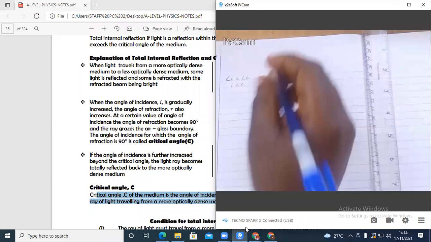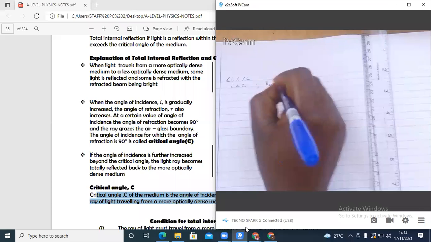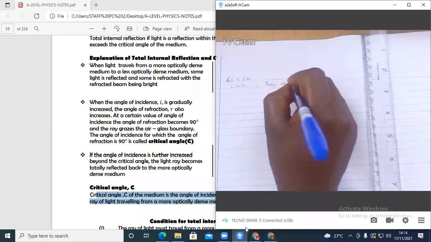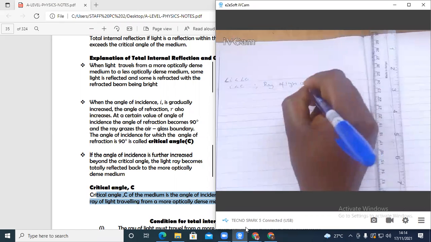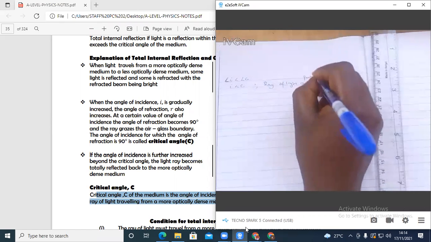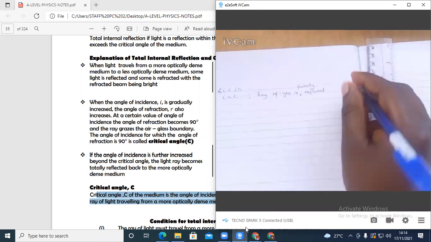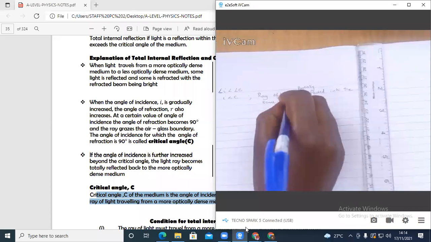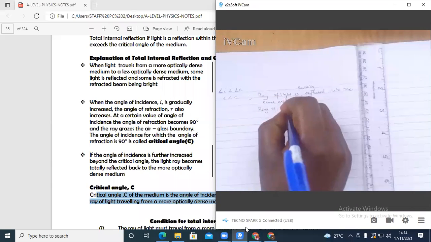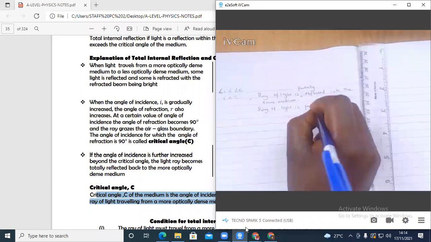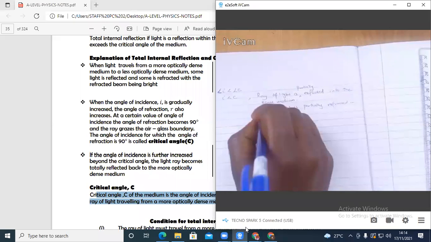Number one, the ray of light is partially reflected into the same medium. And two, the ray of light is partially refracted in the other medium.